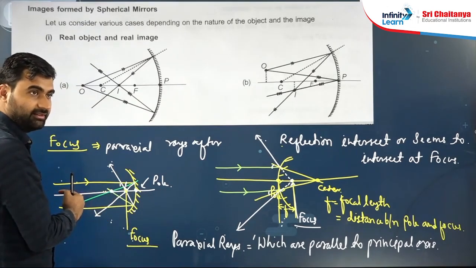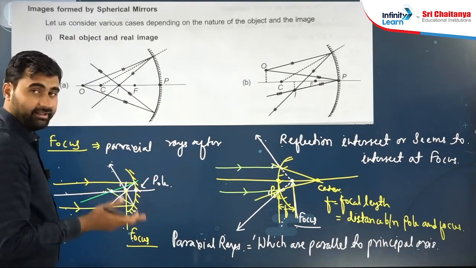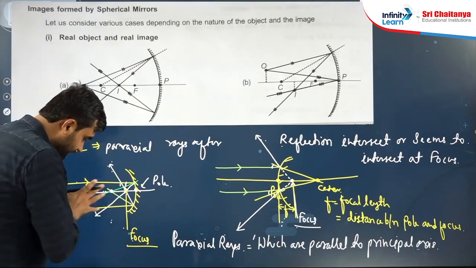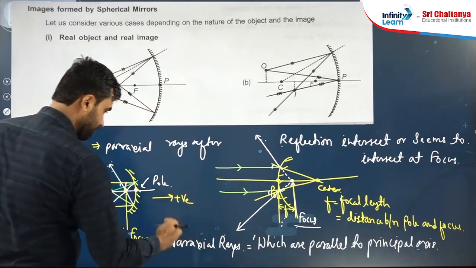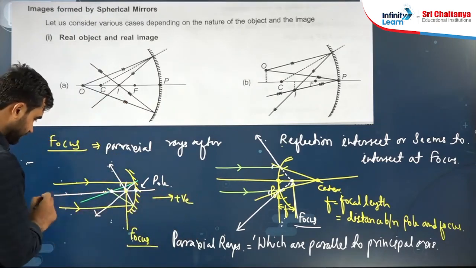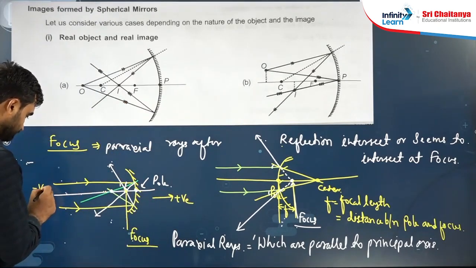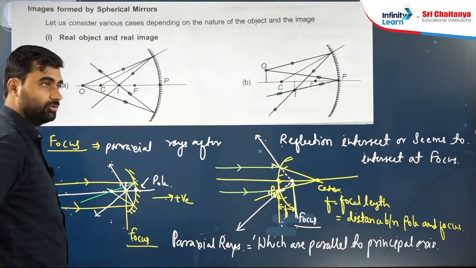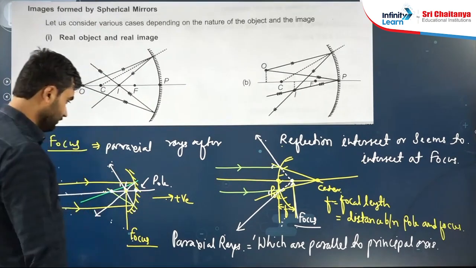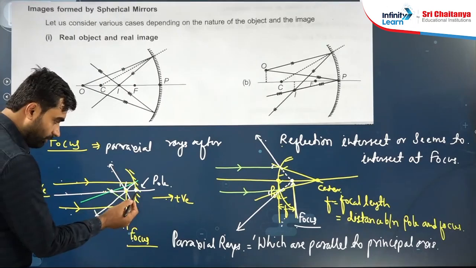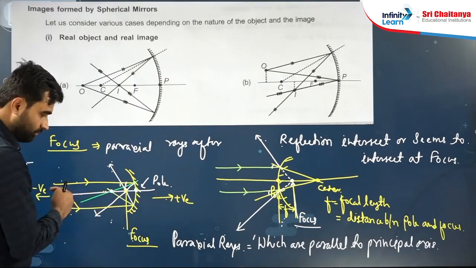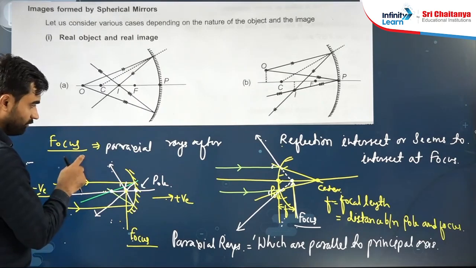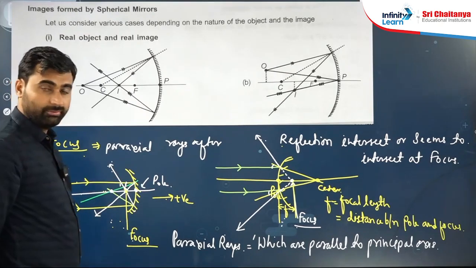And already we discussed that incident ray direction is positive. Ray is incident like this, means this direction is positive and opposite to it, this direction is negative. So here we are moving from pole to focus in this direction, so this direction is negative. Therefore focal length is negative for concave mirror.